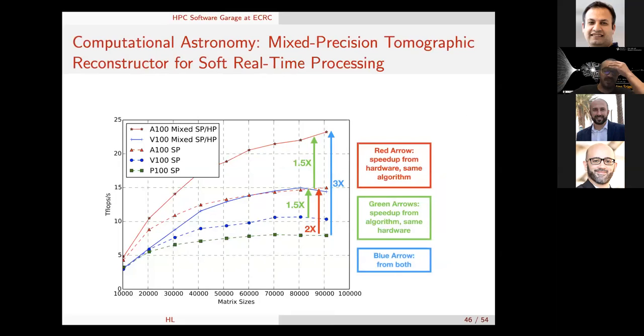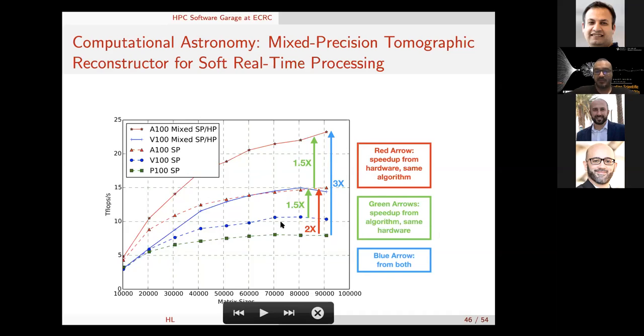This is the computation we are able to provide here for the soft real-time processing. Again, it requires Cholesky factorization. And what we have done is try mixed precision to increase the performance of that tomographic reconstructor that relies on this Cholesky factorization. We report flops against matrix size, so the higher the better.